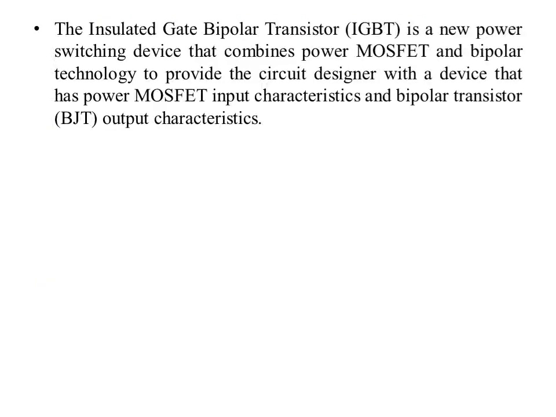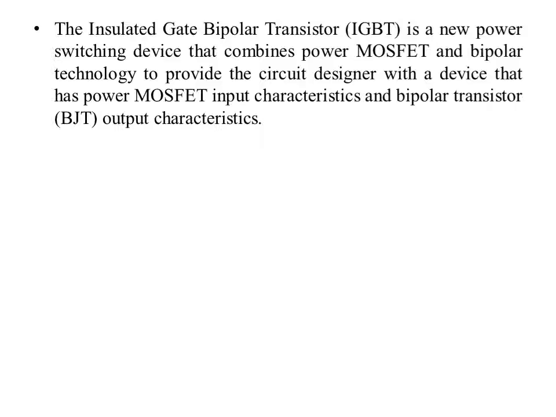The insulated gate bipolar transistor is a new power switching device that combines power MOSFET and bipolar technology to provide the circuit designers with a device that has power MOSFET input characteristics and bipolar transistor output characteristics.